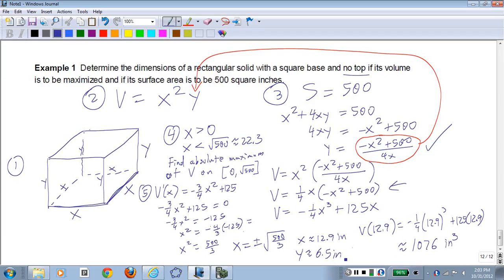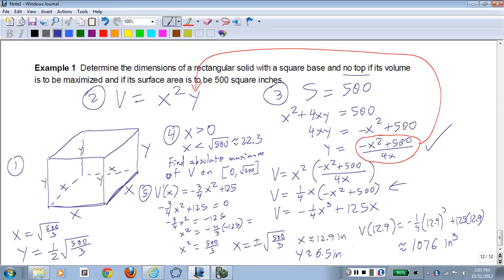And I believe if we were careful with the radicals and we just work with the radicals instead of decimal approximations, it can be shown that x is exactly the square root of 500 thirds and y is exactly 1/2 of that. And in general, when this problem is done with a rectangular box, a fixed surface area, and no top, in order to maximize the volume, the height has to be exactly half of the length of the base.